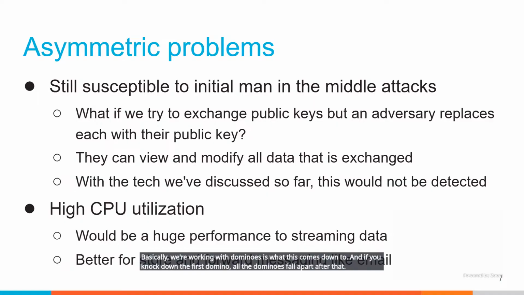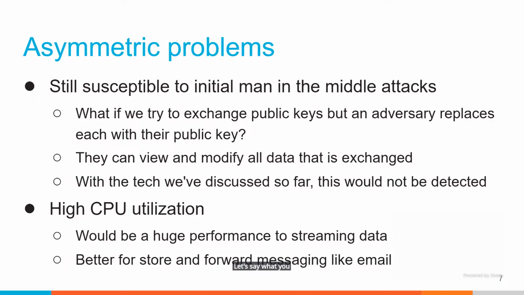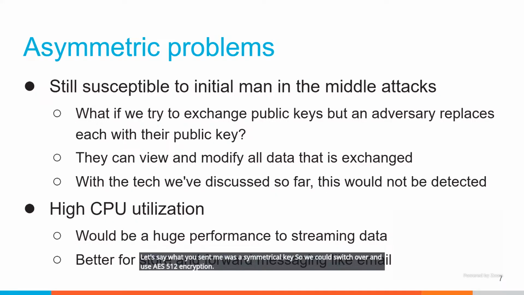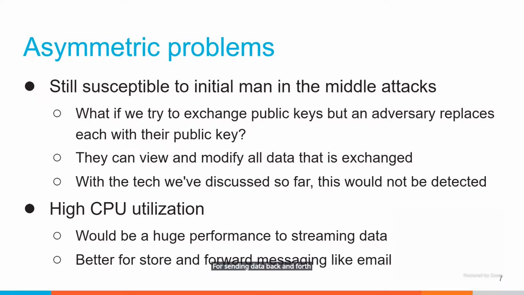Let's say what you sent me was a symmetrical key so we could switch over and use AES 512 encryption for sending data back and forth. Well, again, Bill interrupted that. Bill saw that key. So now when we switch over and use AES encryption instead, Bill can decrypt all of that stuff anytime he wants to. So that's what I mean by it's a series of dominoes.